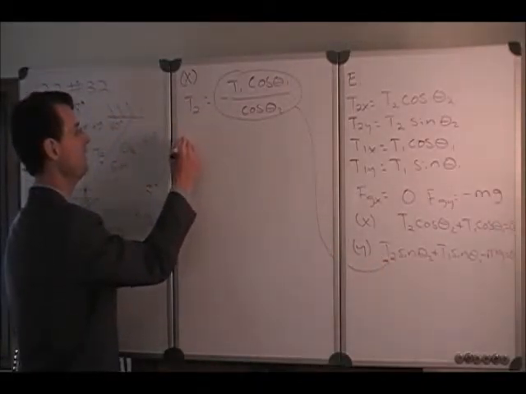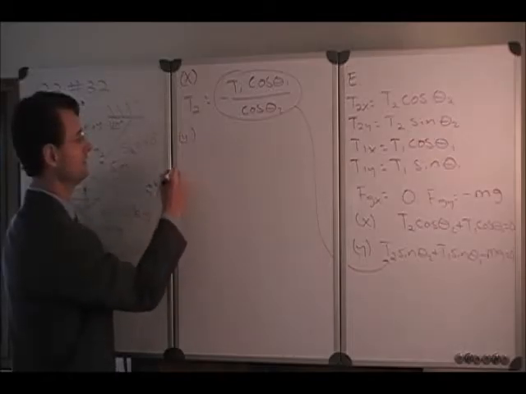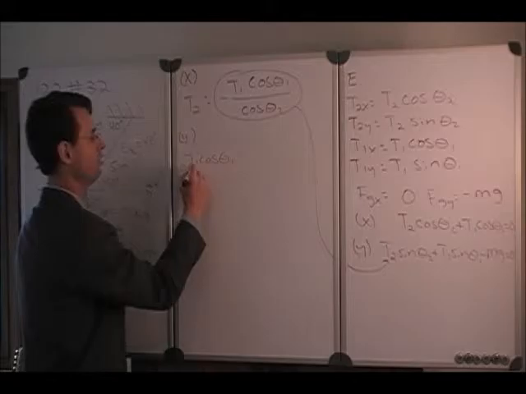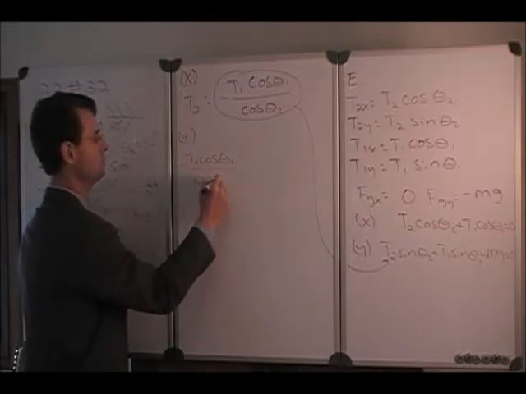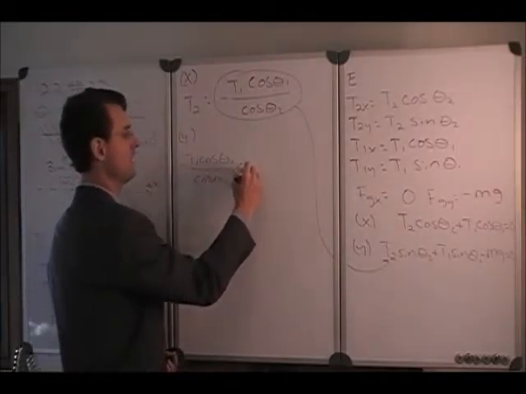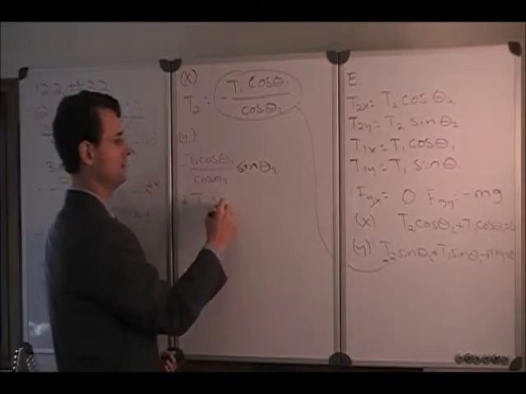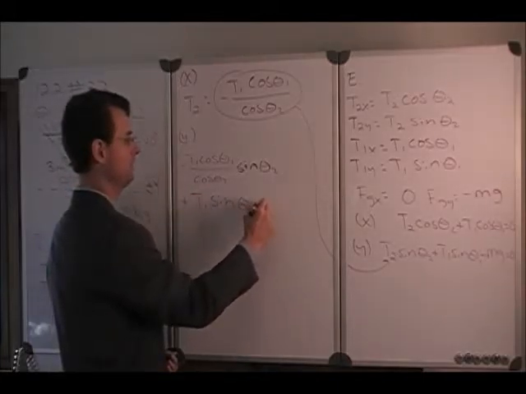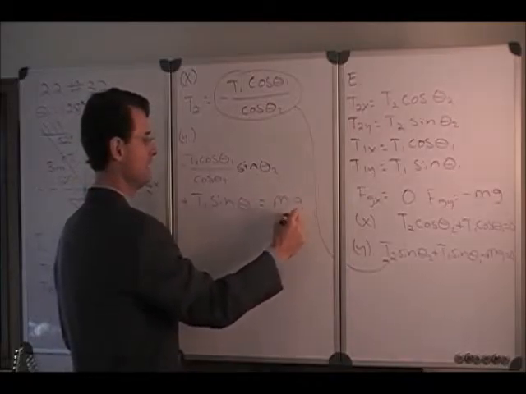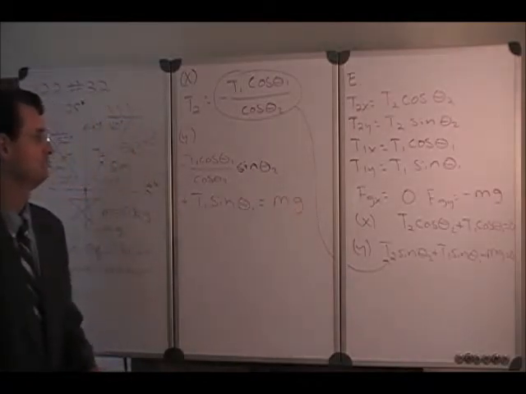So then the y equation gives us negative t1 cos theta 1 over cos theta 2 times sine theta 2. And then we add t1 sine theta 1. And let's go ahead and add the mg to both sides to make that equal to mg.